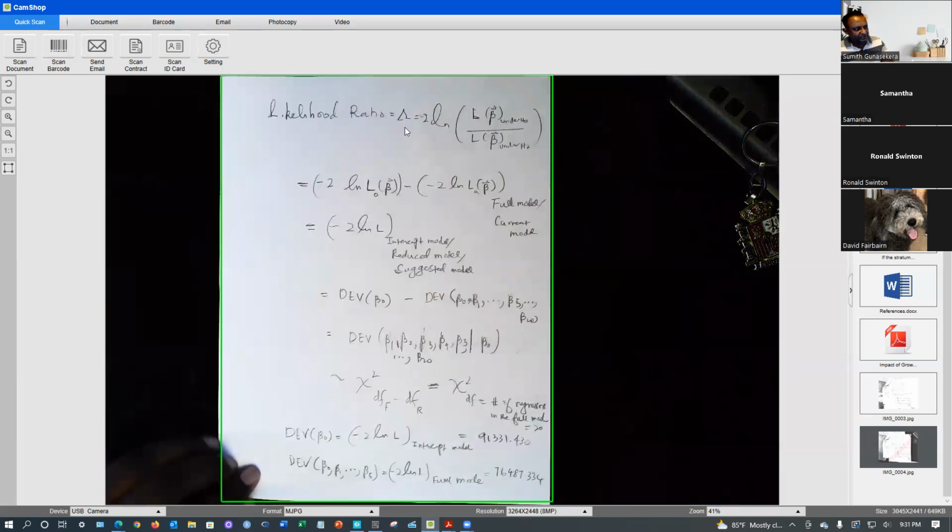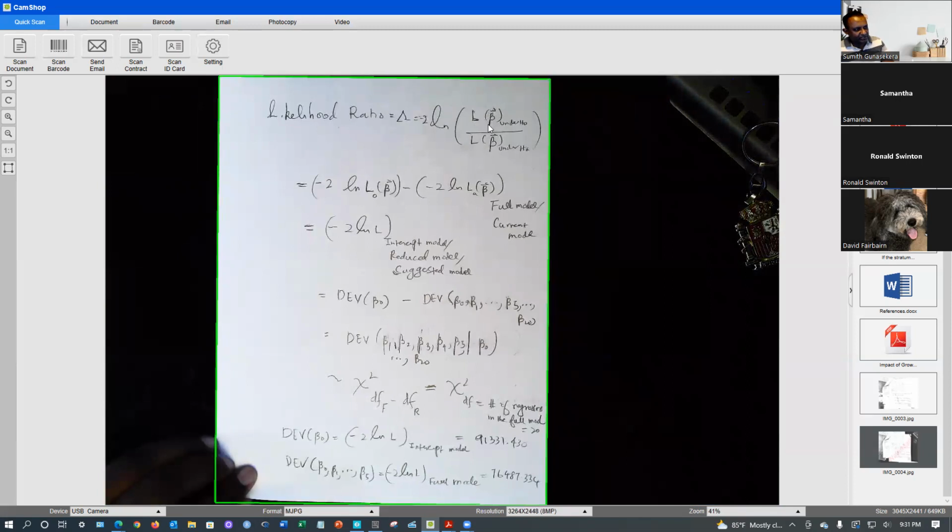The likelihood ratio, which is lambda, is actually -2 ln of the likelihood as a function of beta under H naught divided by L under HA.